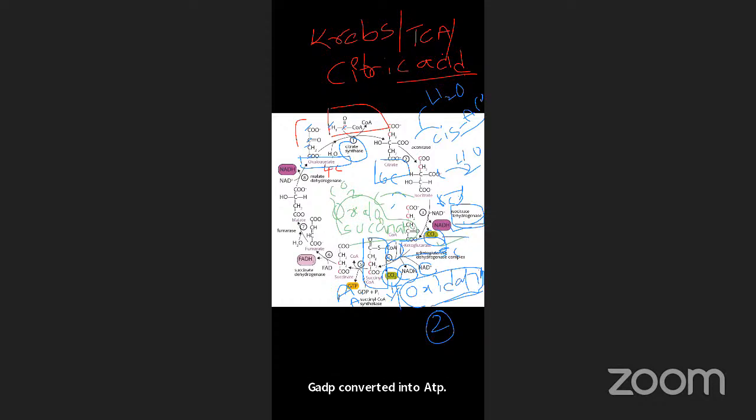Remember, in plant cell respiration, ATP is formed in the Krebs cycle, whereas in animal cells, GTP is formed. Here it is given as GTP, but you correct it to ATP. GTP is also right, but it is in animal cells. In plant cells, ATP is formed. ADP, one ATP formed, as a result formation of succinic acid or succinate. Succinic acid, succinate, right?